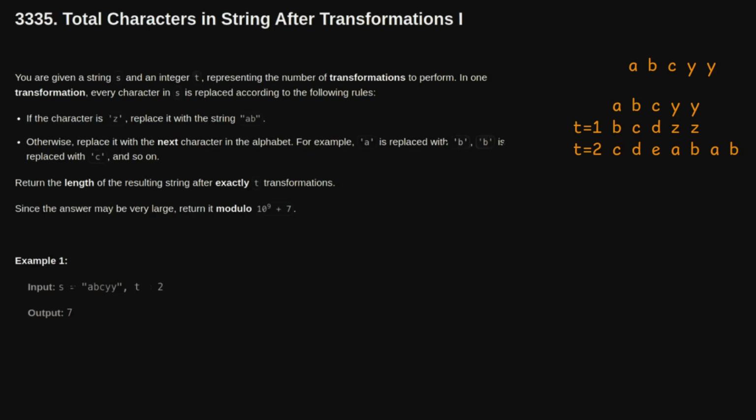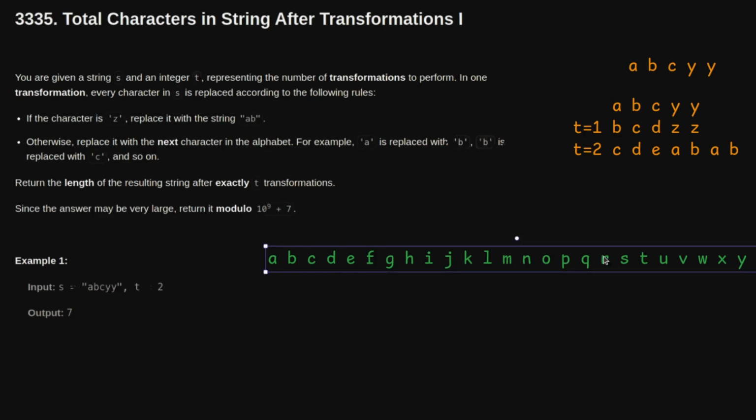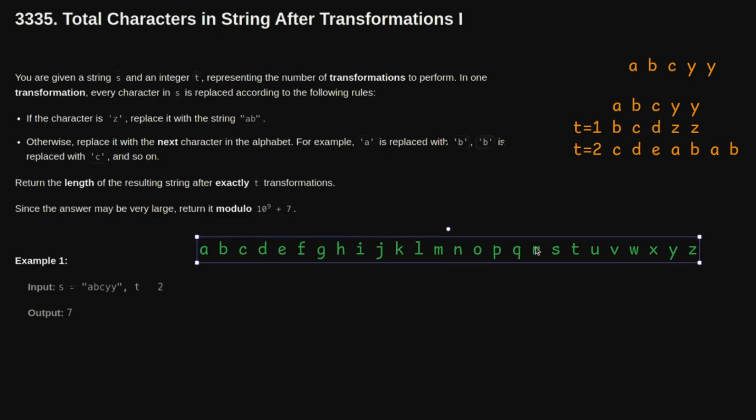And now I will say, let us assume A, B, C, D, E, F, G, H, I, J, K, L, M, N, O, P, Q, R, S, T, U, V, W, X, Y, Z. Okay, so let us assume that we have this, right?